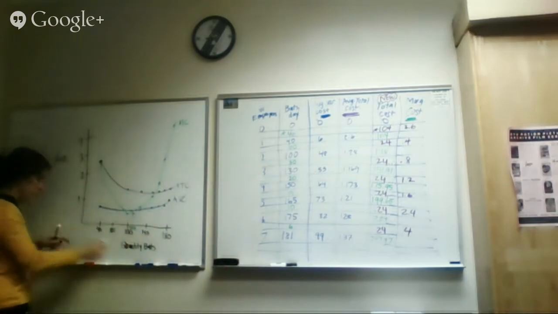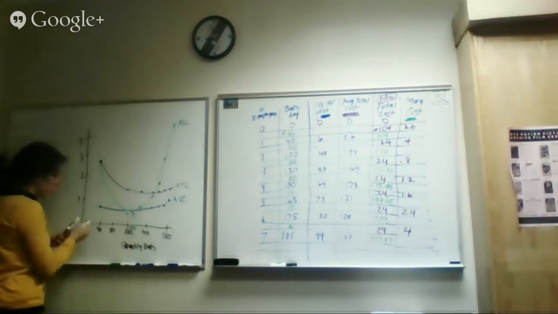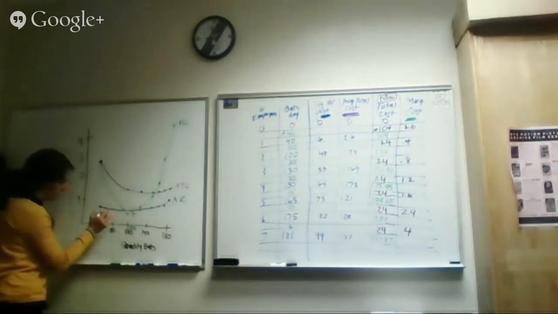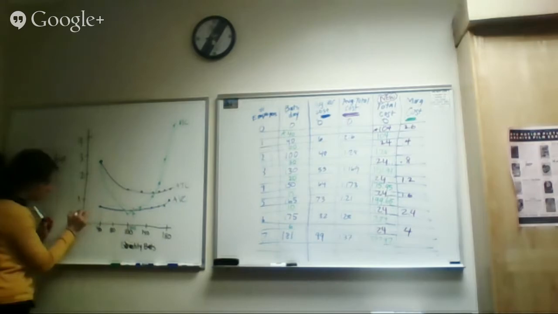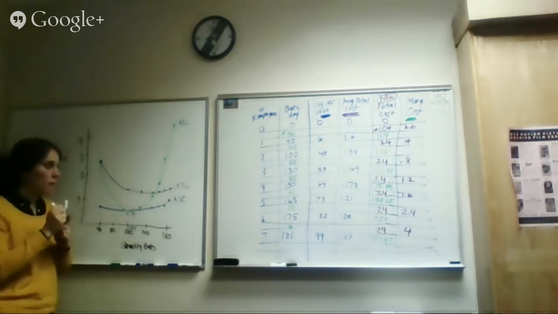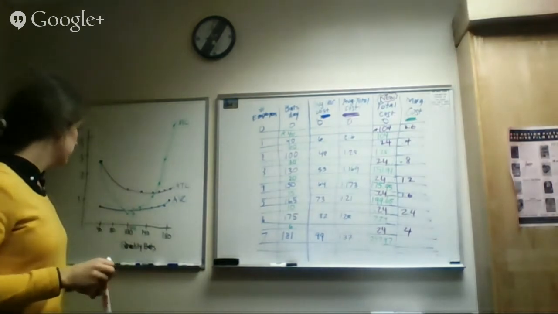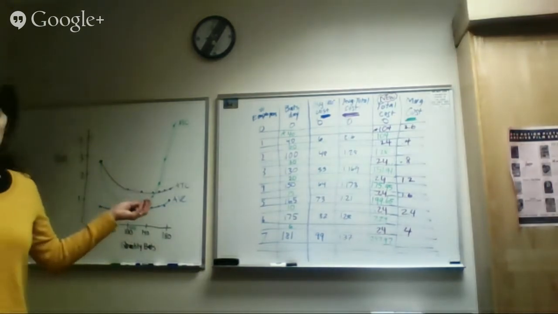We want to find what price point this spot right here is at. We don't have the equation for the lines, but we do have this graph.